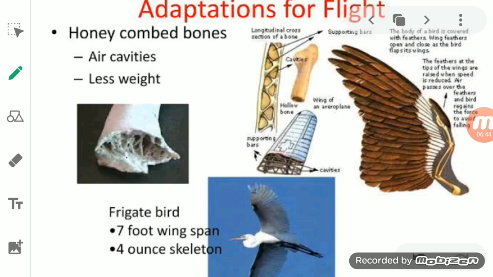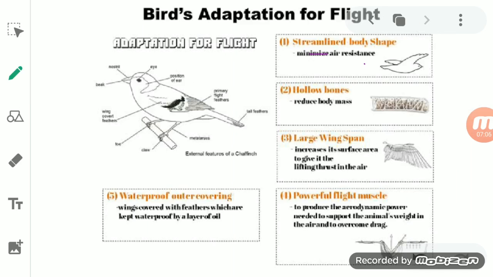So the bones are hollow, they have space in them, due to which they are light. We can also say that they have air cavities in them. Because of that they are light, and due to which the birds are able to fly.